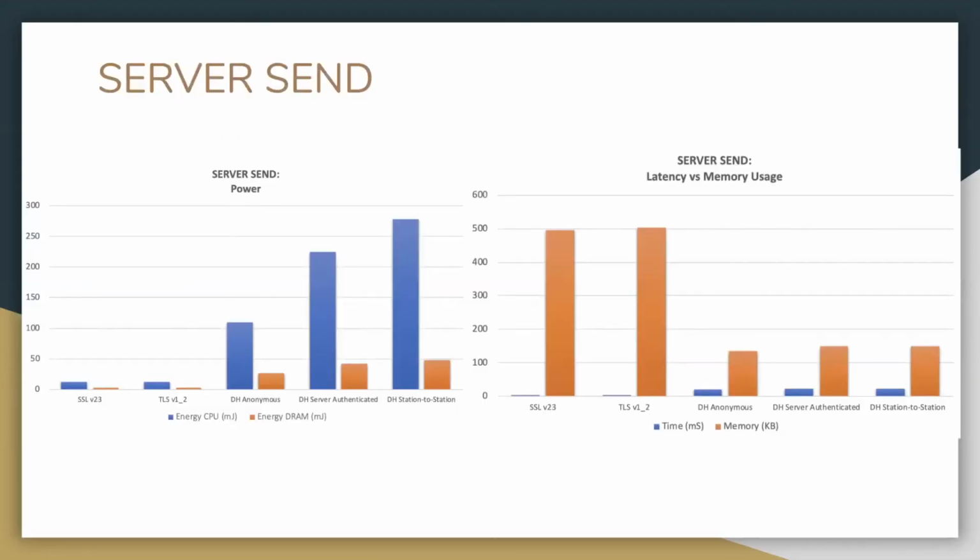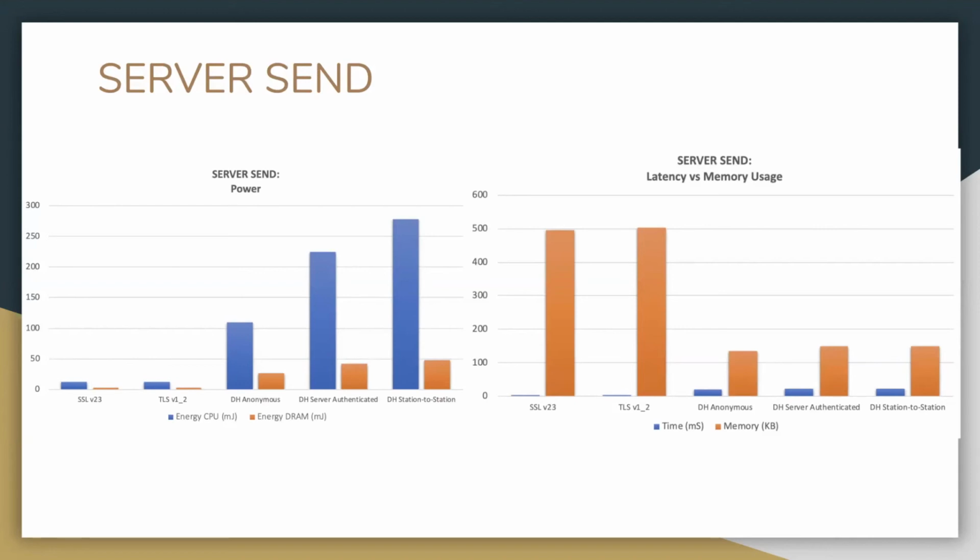So for sending this file from the server side, you can see that SSL and TLS use significantly less energy compared to Diffie-Hellman. It's also there in the time versus the memory. You can see that SSL and TLS favored the latency more and traded off with the memory there.